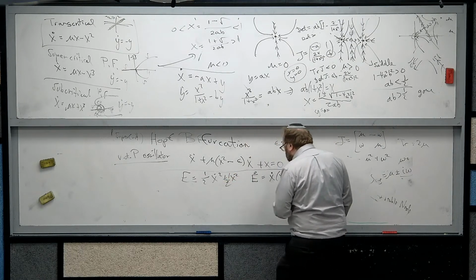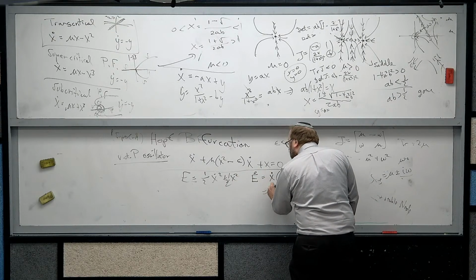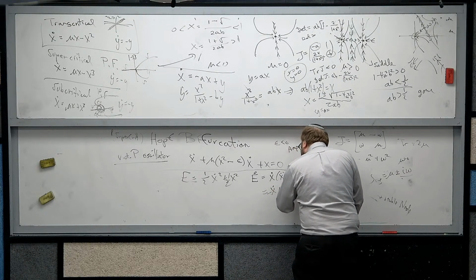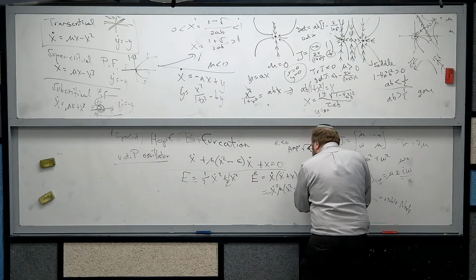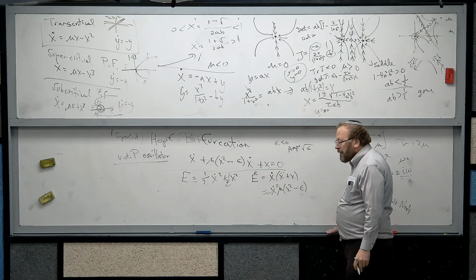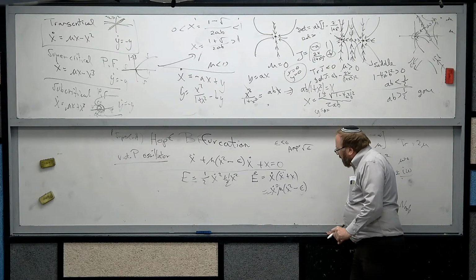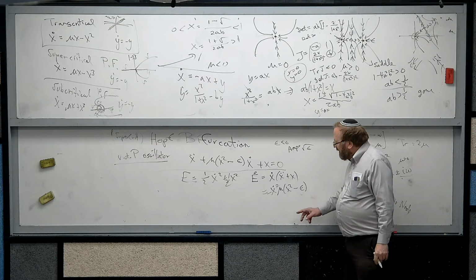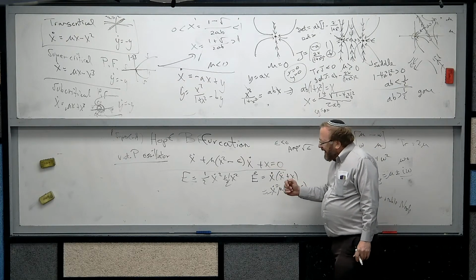And x double dot plus x is x dot times mu minus mu times x squared minus epsilon times x dot, so that becomes x dot squared.